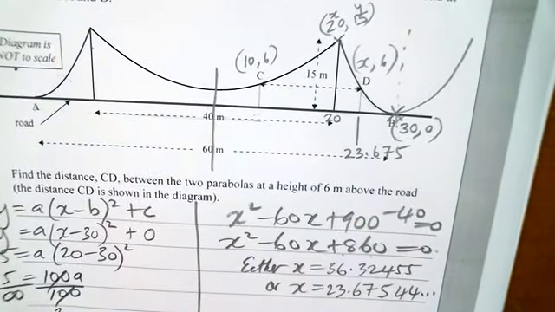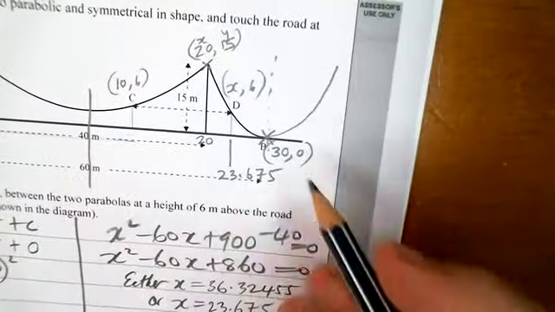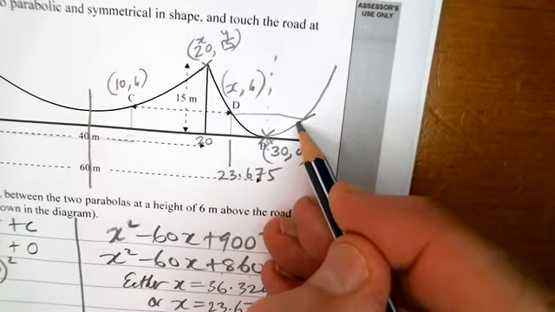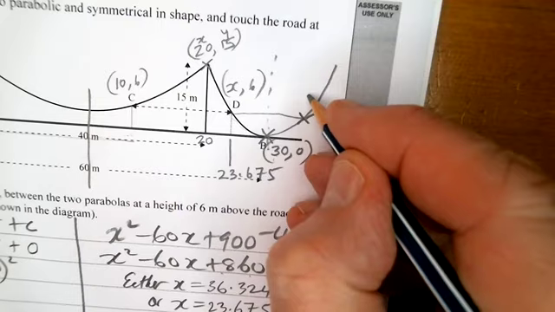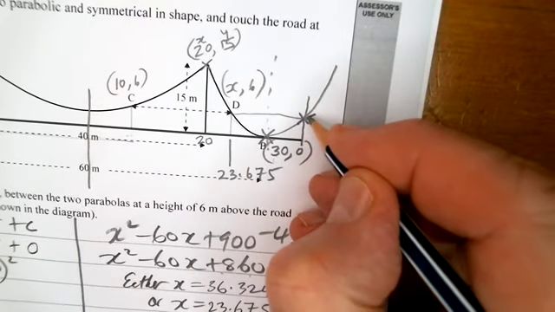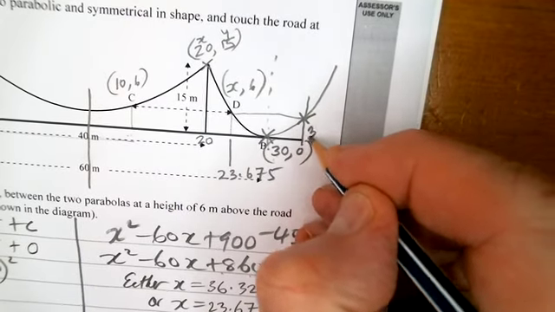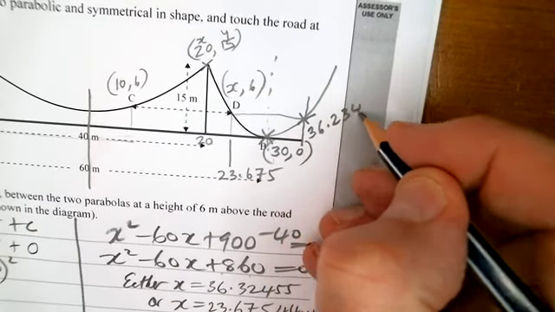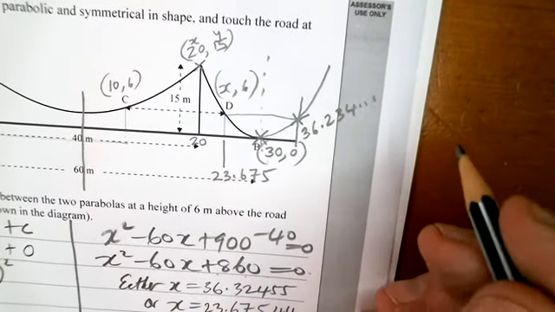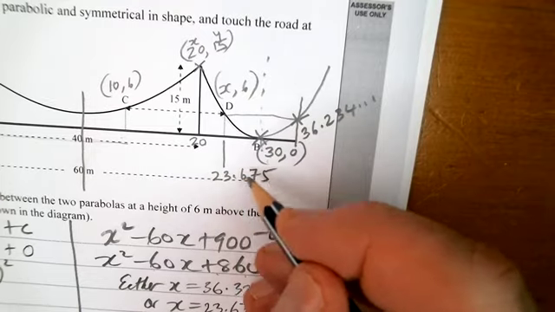I'm reading it the wrong way. That one would be the one over here, because that's 30. So this one here is 23.675.